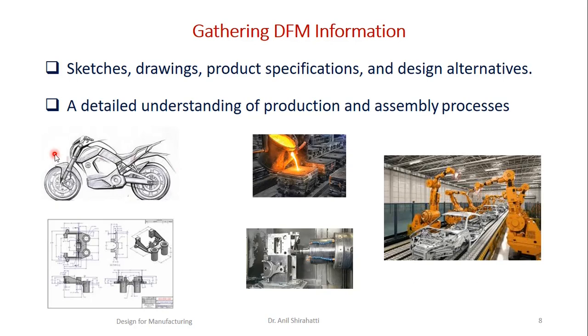Once you get the sketch, you have to do the production drawing. This production drawing indirectly depends upon which type of production you are using, either casting or a machining operation. Also, which type of assembly you are planning to use in the future.